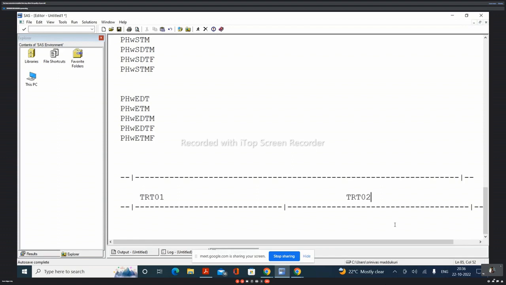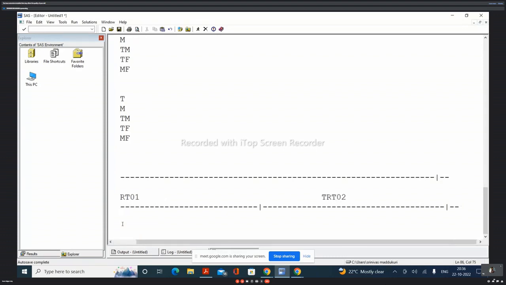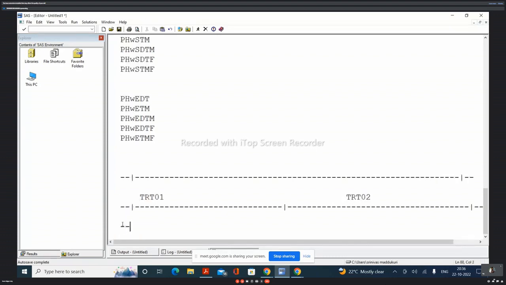Now within the treatment, what can we have? We can have the periods. Say, for example, I'm taking only one treatment, and in the treatment I'm taking two periods. How many periods can we have? We can have 99 periods. This is period 1 and this is period 2.